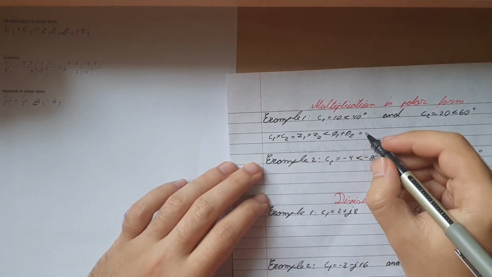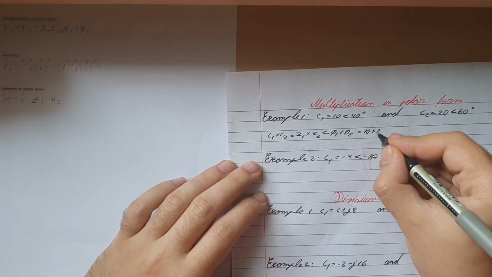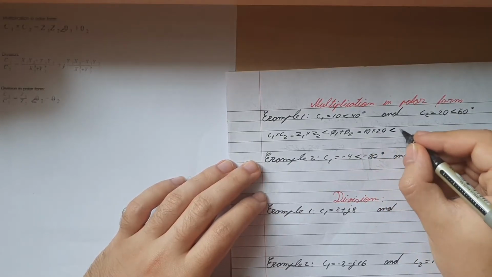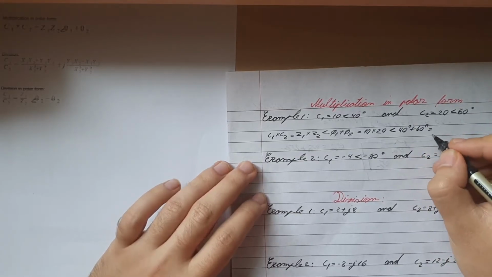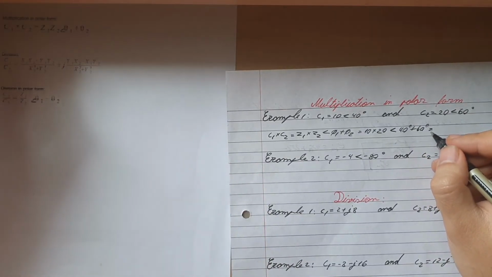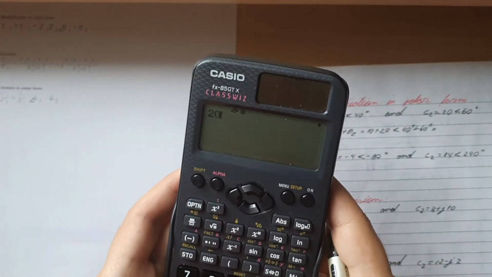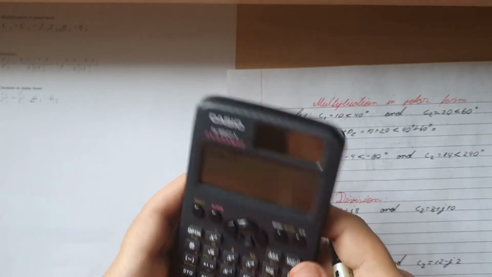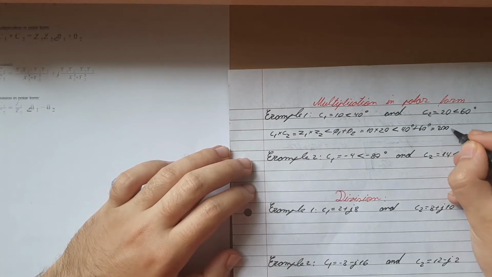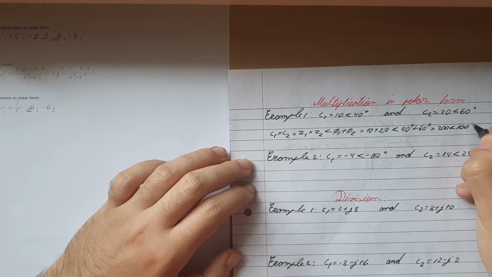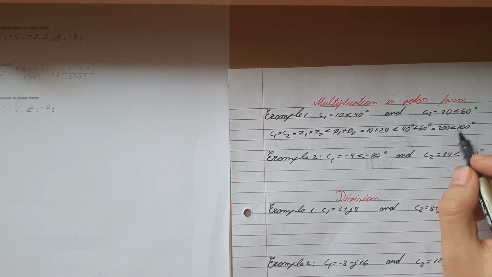So that'll be 10 times 20, angle of 40 degrees plus 60 degrees, so that will be equal with, that's 200, isn't it? I think it is. Let's check to make sure. 20 times 10, yeah, 200, so that'll be 200 angle 100 degrees.